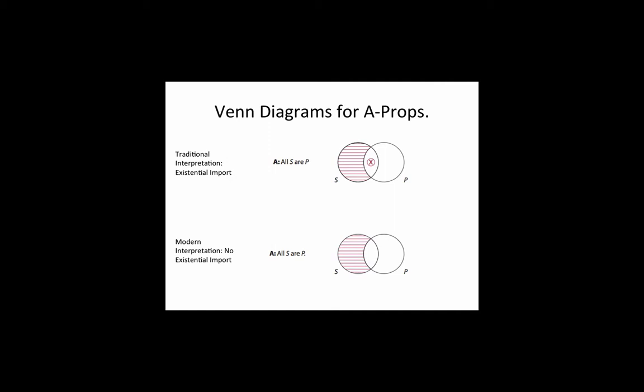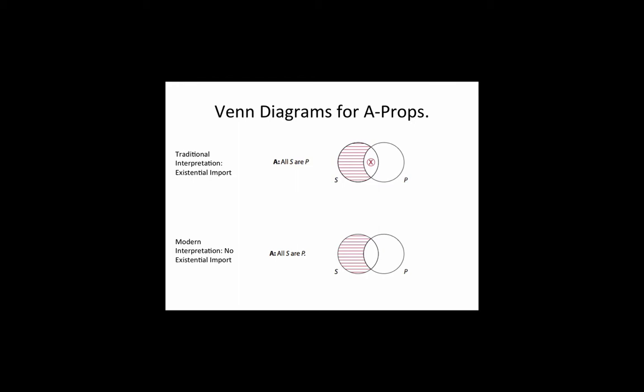So what we're going to want to do is distinguish between what's known as existential import, which reflects the traditional interpretation of the universal claim, from not assuming existential import, which reflects the modern interpretation of the universal claim.